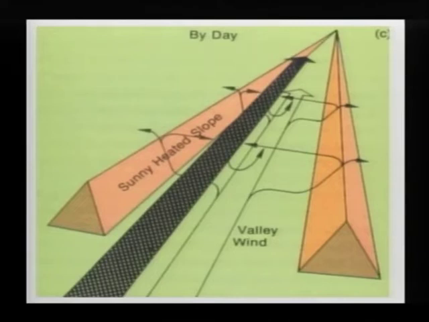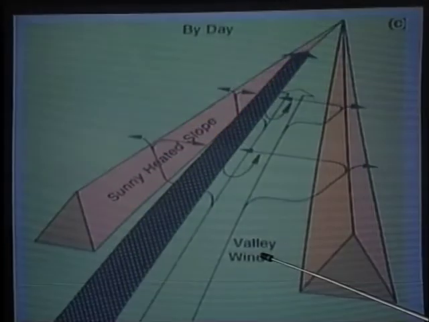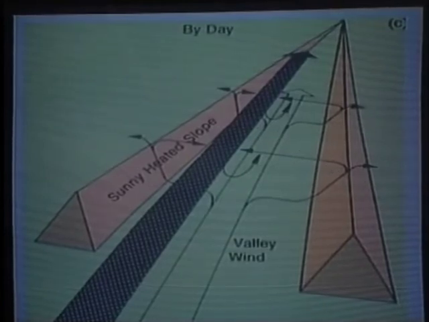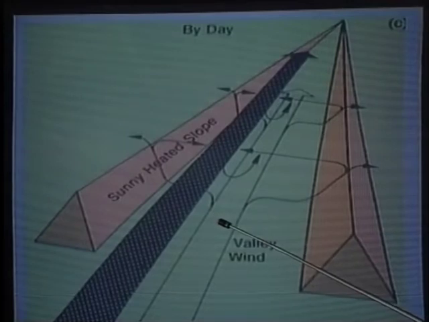And because the slopes of the mountain get heated, a low pressure area develops, then what happens is that air rises where the slopes of the mountains are. And as soon as the air rises, it will give rise then to winds blowing from the valley towards the mountain slopes. Therefore, by day, a term that we use to describe that breeze is called a valley breeze.